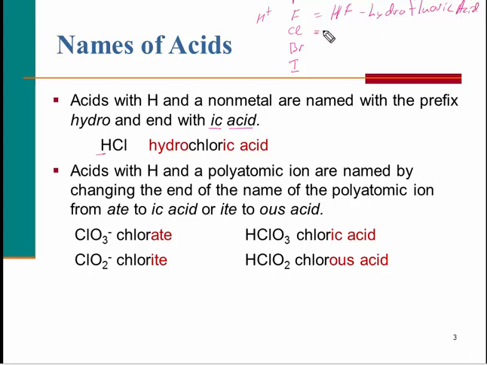HCl, you may have used this in the laboratory, hydrochloric acid. Hydrochloric acid, by the way, is the same thing as stomach acid or gastric acid. Your body makes this, and that acid is used to help digest proteins when you eat a hamburger or whatnot. All right, bromine, this would be HBr, and it's hydrobromic acid.